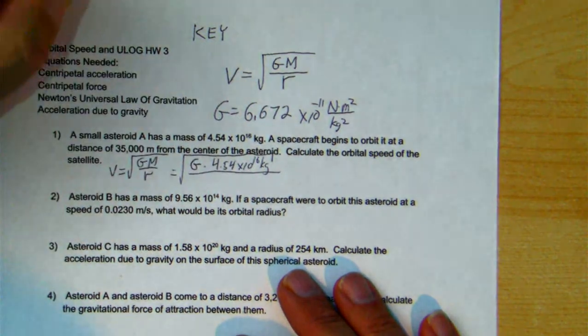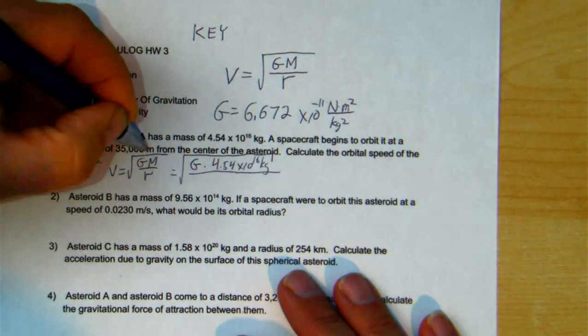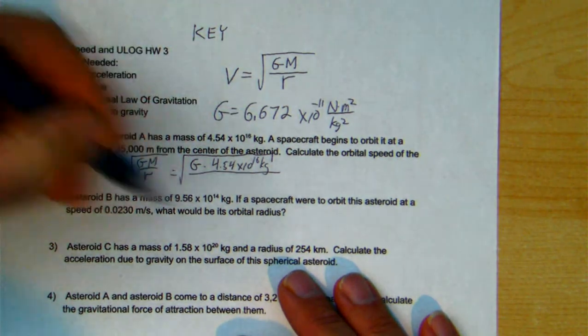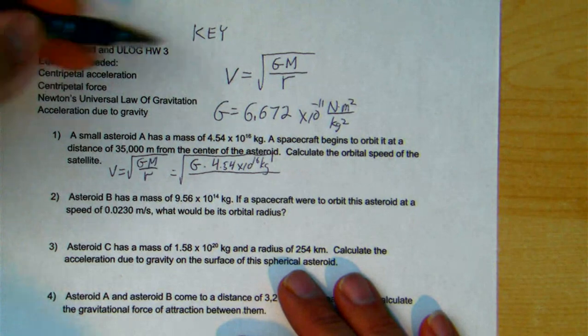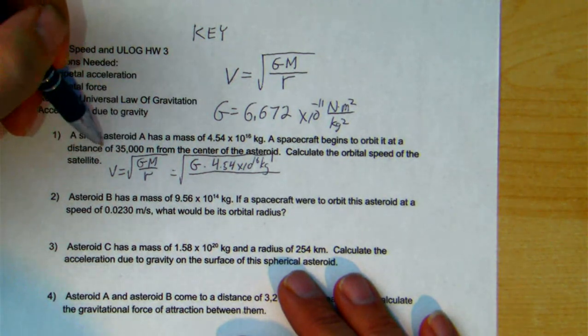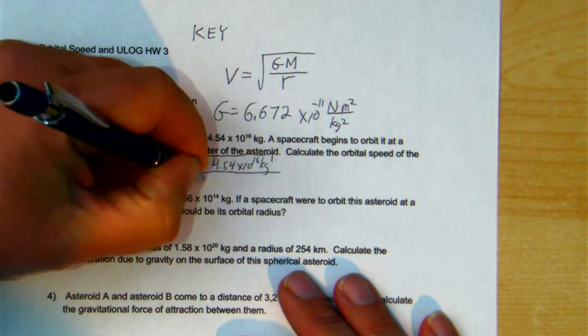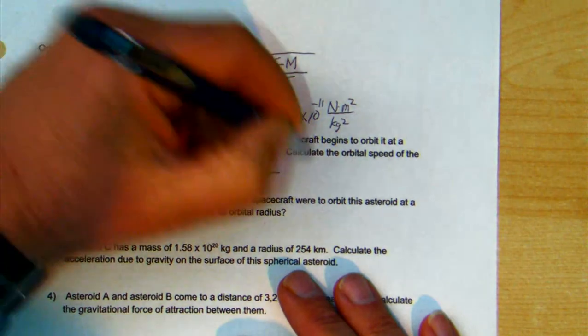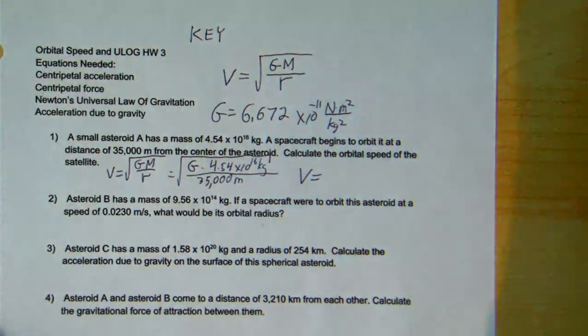And for the radius, it's in meters, and that's good because it has to be expressed in meters. The time will be in seconds, speed in meters per second, mass in kilograms, radius in meters. So divided by 35,000 meters, and we go calculate the answer.